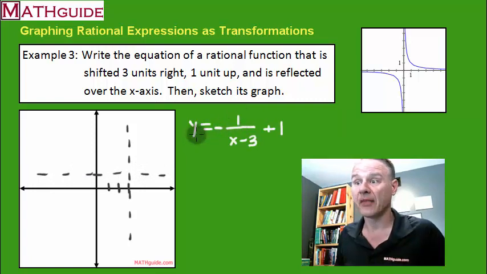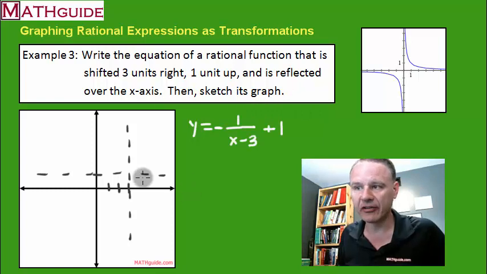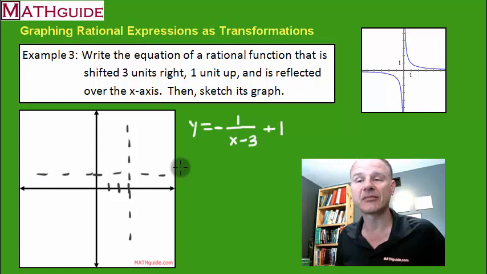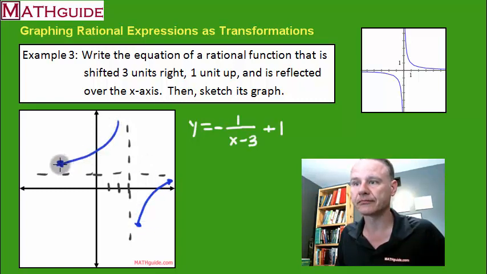Okay, so normally the curve would be like you see in the top right and the bottom left, except this is being flipped over the x-axis. In other words, we're flipping it over the horizontal asymptote. So the curve is going to look instead like this. It's going to follow those asymptotes, and it's going to have this general shape.